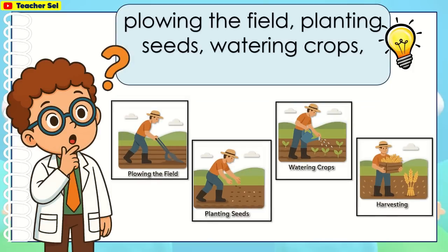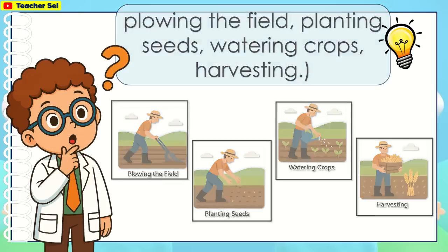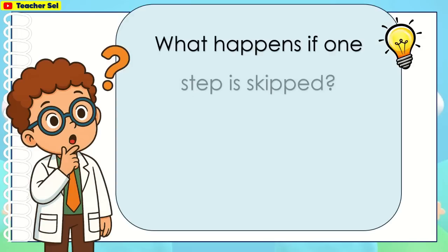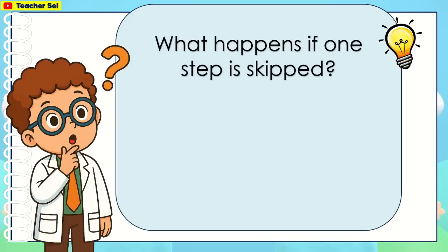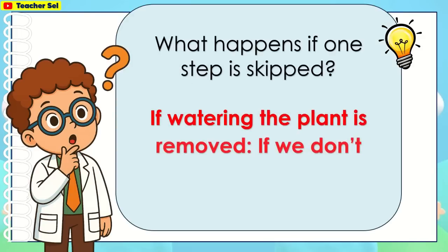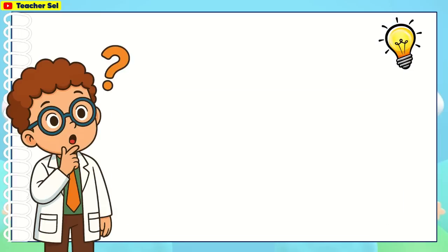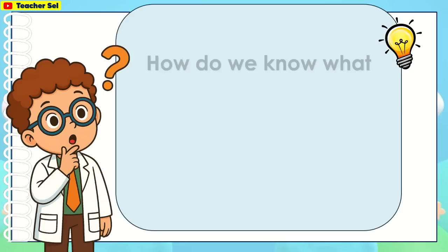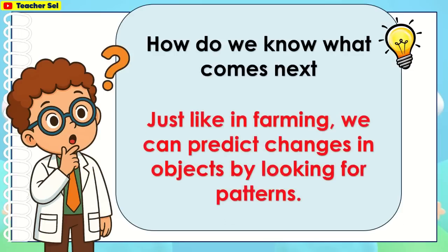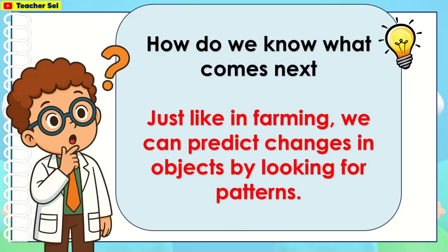First, plowing the field, planting seeds, followed by watering the crops, and the last one is harvesting. What happens if one step is skipped? If we don't water the plants, they might dry up and die. How do we know what comes next? Just like in farming, we can predict changes in objects by looking for patterns.